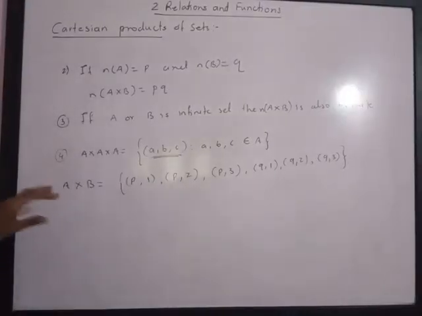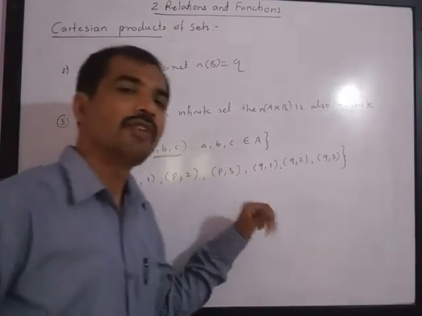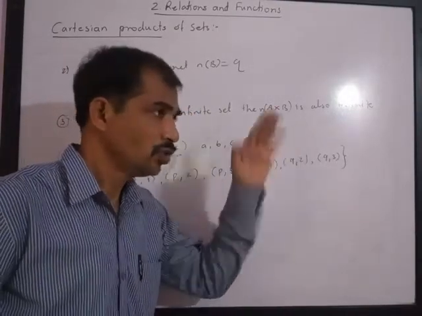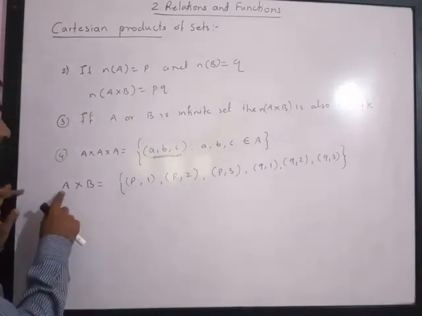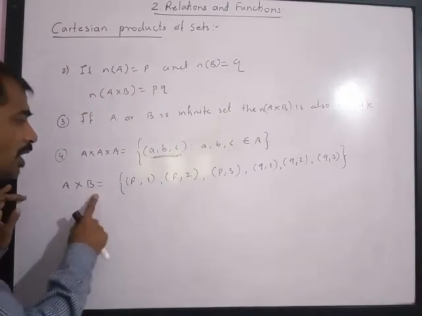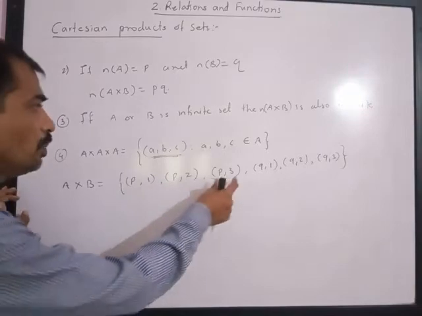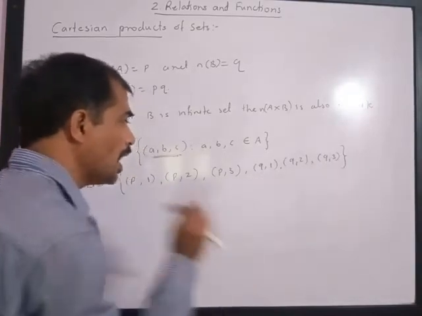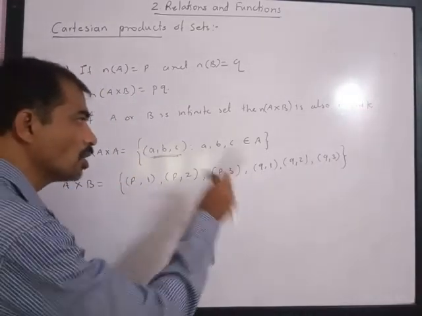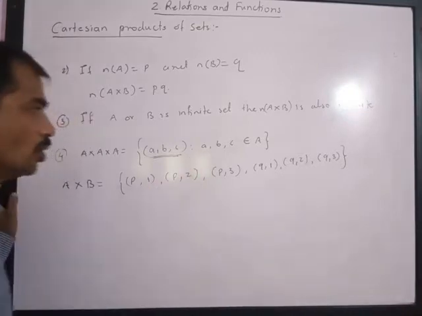Next example, let us take, if we are given a Cartesian product, can we solve it in the reverse order. Here A cross B is given to us. Cartesian product is the set of (p1, q1), (p2, q2), (p3, q3)... I already told, first element belongs to the first set and second element belongs to the second set.